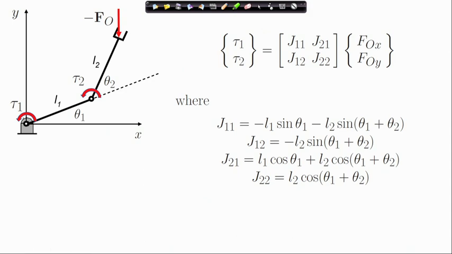When you write out the elements of the Jacobian J11, J21, J12, J22, you note one thing: this is nothing but the Jacobian transpose.